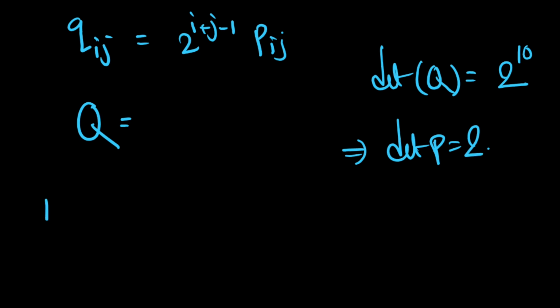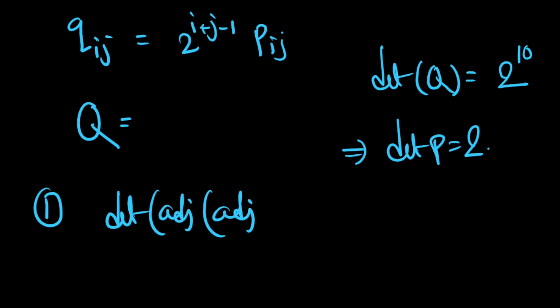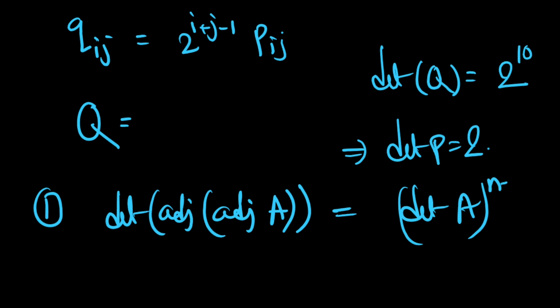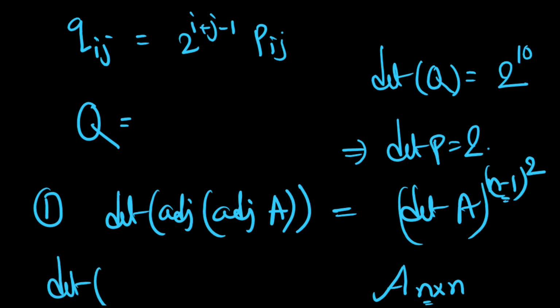After that we use one important formula, that the determinant of adjoint of adjoint of any matrix A is equal to determinant of A power n minus 1 whole power 2, because A is an n cross n matrix, and this n comes from this index. So using this formula we got the value of our expression, the determinant of adjoint of adjoint of P, that is equal to 16.